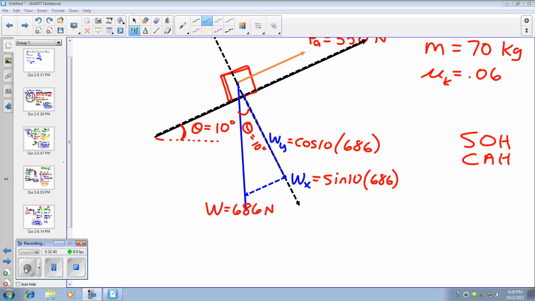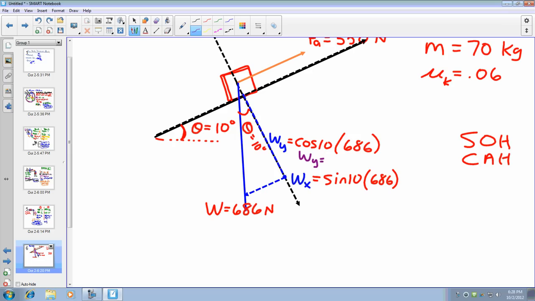So we're going to see that our weight in the y value is going to be 119.1, or we'll just leave it at 119 newtons, and that our force in the x value is going to be equal to, oops, sorry, our force in the y component is going to be 675.6 newtons.